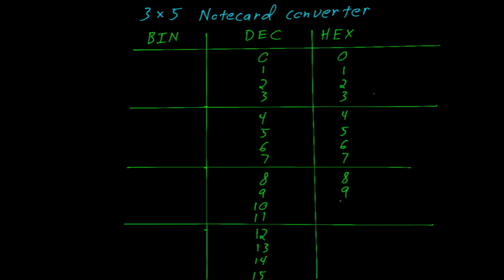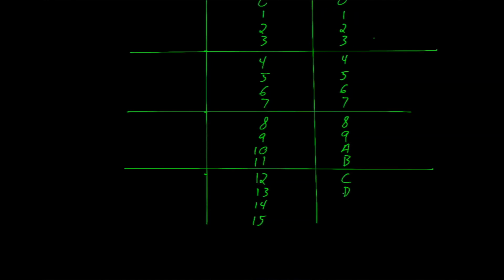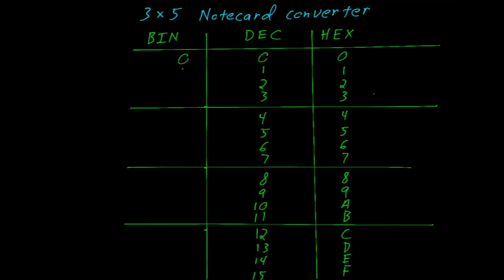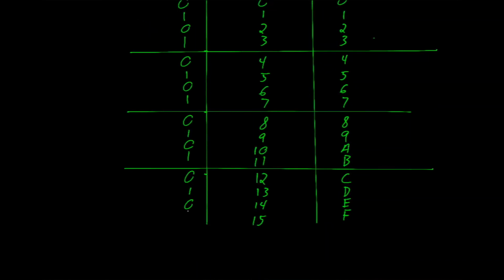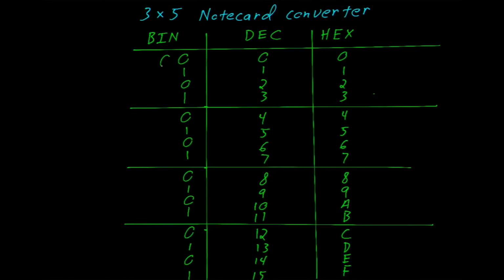Remember, with hex, this becomes A and B. And now for the binary. So that's odd and even. Odd, excuse me, that's even, odd, odd. Now the pattern is 0, 0, 1, 1.